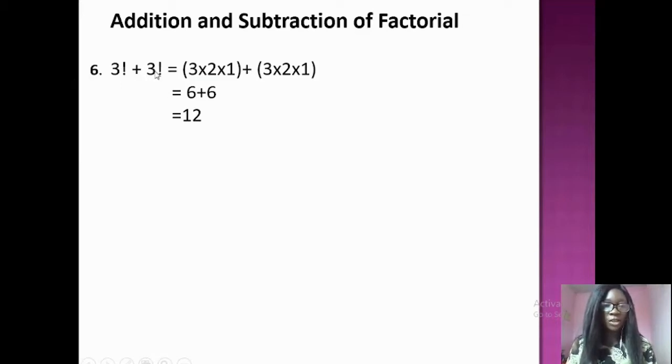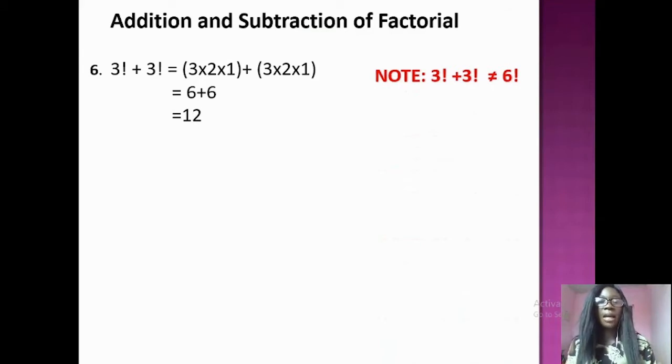The next number we also have 3 factorial, so 3 times 2 times 1. So 3 times 2 times 1 is 6, plus, this is my positive sign, 3 times 2 times 1 is also 6. So 6 plus 6 is 12. Now, don't come and tell me that 3 factorial plus 3 factorial is 6 factorial.